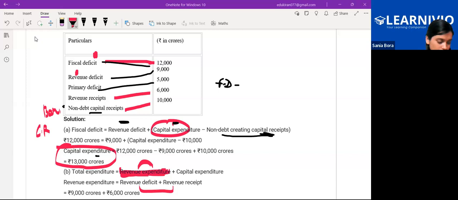Okay. I have to find fiscal deficit. Primary deficit is fiscal deficit minus interest payment. Interest payment is not given. Okay. Primary deficit is given.